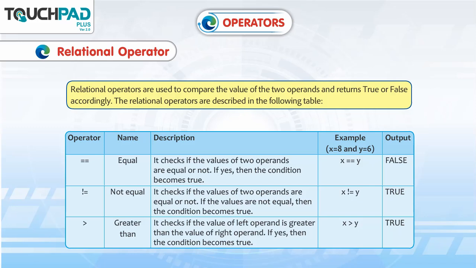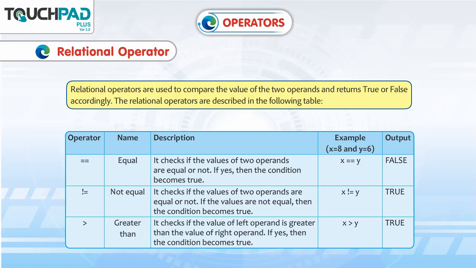Operator, name, description, example, x = 8 and y = 6. Output. Equal checks if the values of two operands are equal or not. If yes, then the condition becomes true. x == y is False.